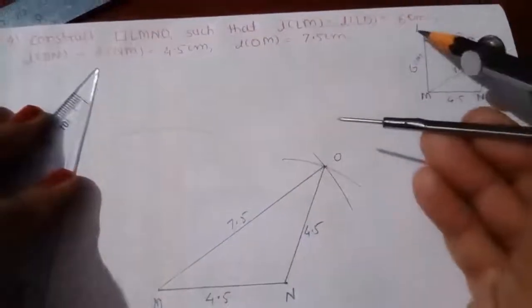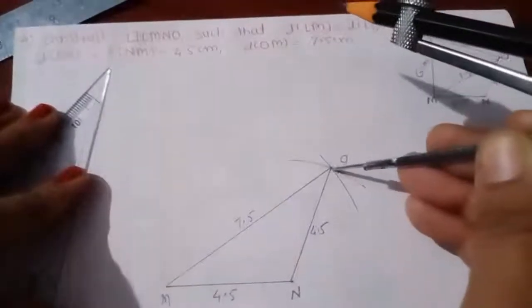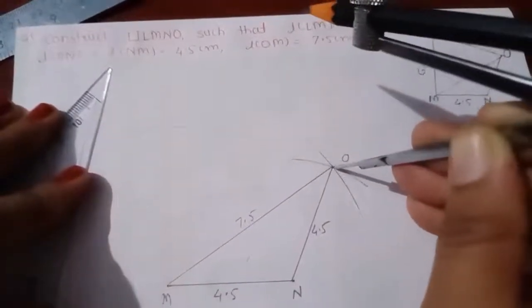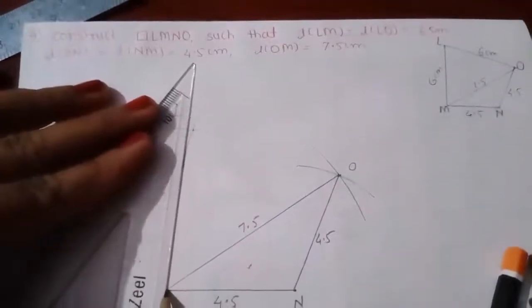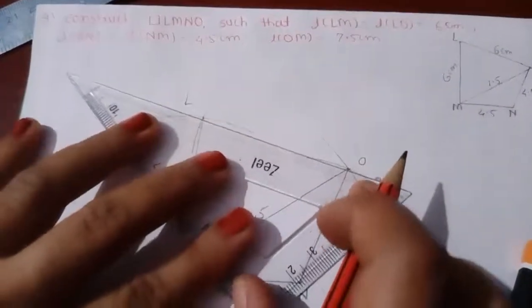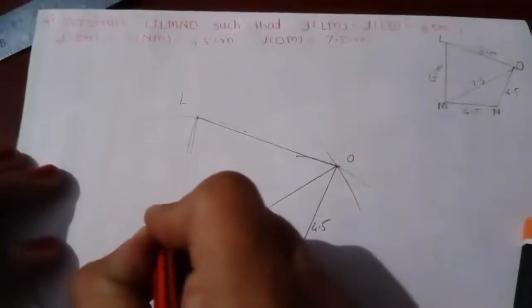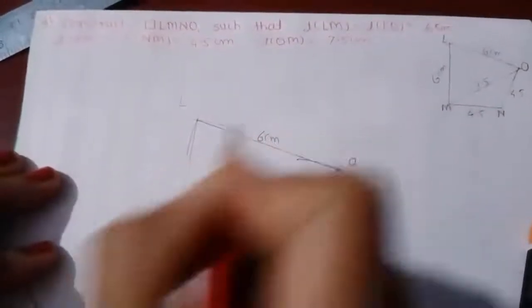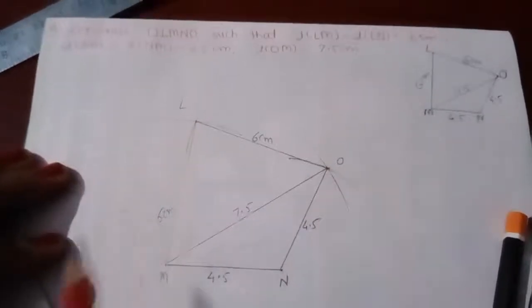Again, point L is 6 centimeter from O. So put the compass on O also and make another arc. You get a new point, and this is the point L. Then you join ML and OL segments. This is 6 centimeter and also 6 centimeter. In this way, our diagram of quadrilateral LMNO is ready. Okay, students.